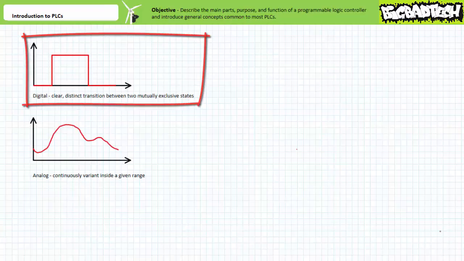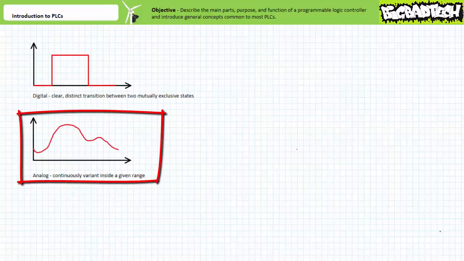An analog signal, in contrast, is one that is continuously, infinitely variant inside a given range. A pressure sensor would be an example of an analog input in that it sends a proportional electrical output based on input pressure. More pressure results in more voltage. This analog signal can be analyzed by the CPU, and the PLC can respond appropriately to pressure conditions inside a specific range.